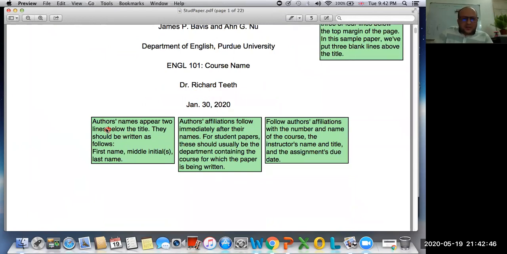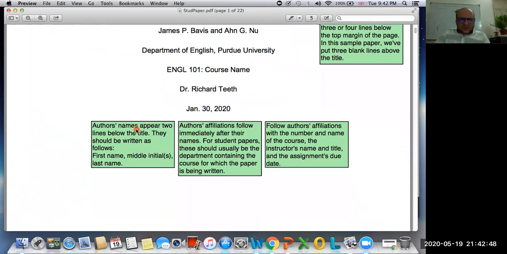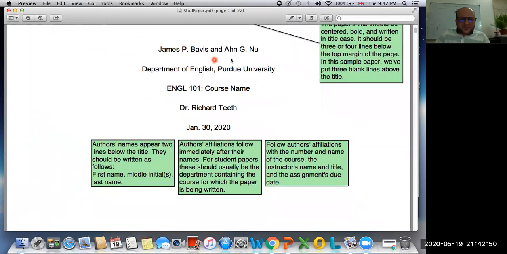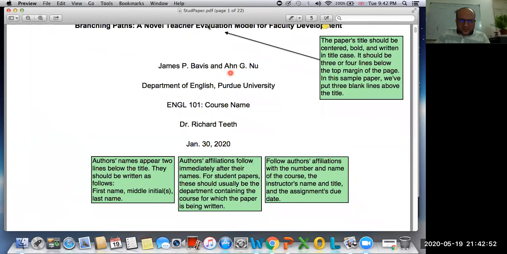So the authors' names, I will give you some notes. The authors' names appear 2 lines below the title, as you can see, 1 line, 2 lines. So you should place the author's name right below your title, okay? They should be written this way: first name, middle initial maybe, and last name.